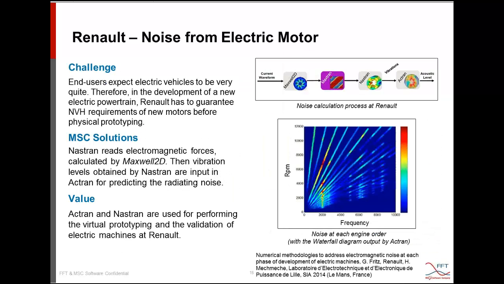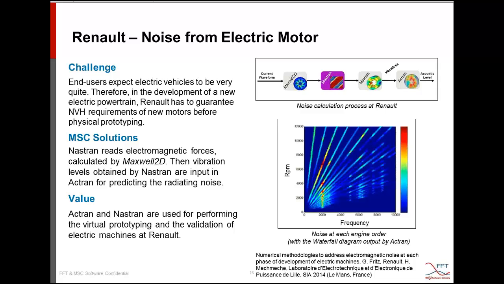So the next case study comes from Renault. Renault has recently studied the noise emitted by an electric engine and has published its work at the last SAE conference in 2014. The fact is that noise and vibration requirements have to be guaranteed before the physical prototyping. Therefore, Renault has performed a virtual prototyping by using both Actran and Actran.